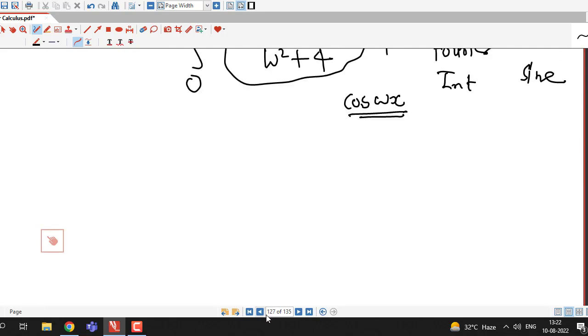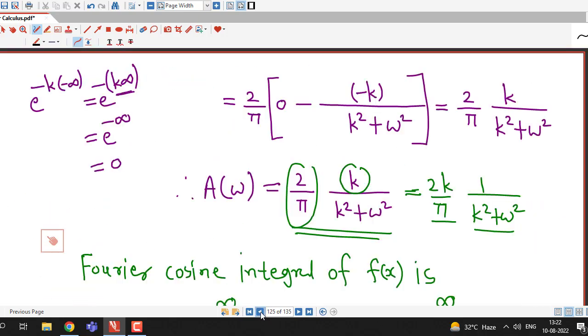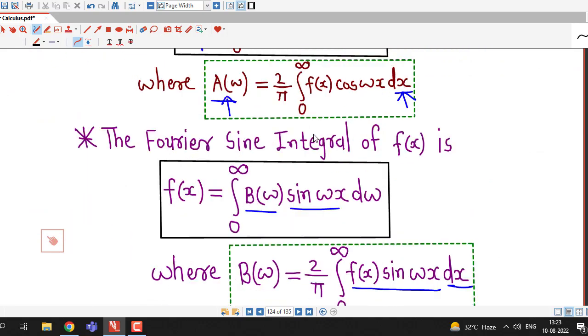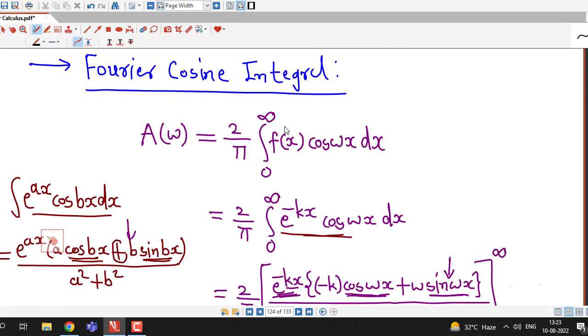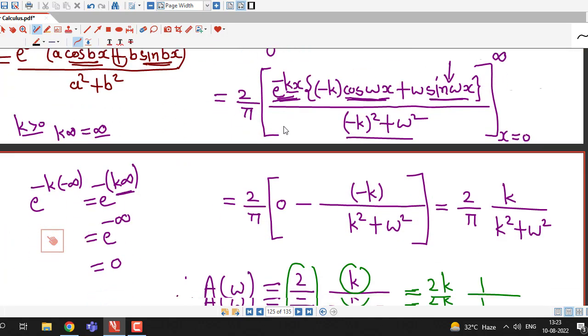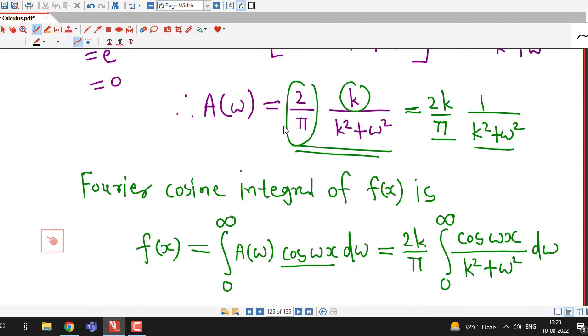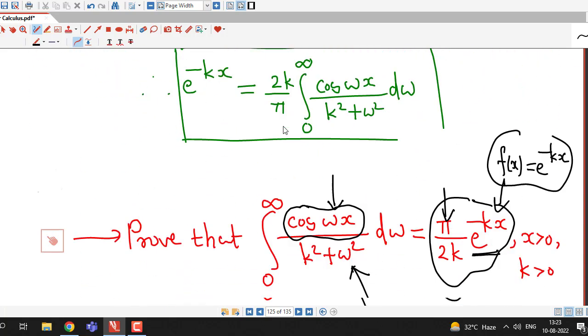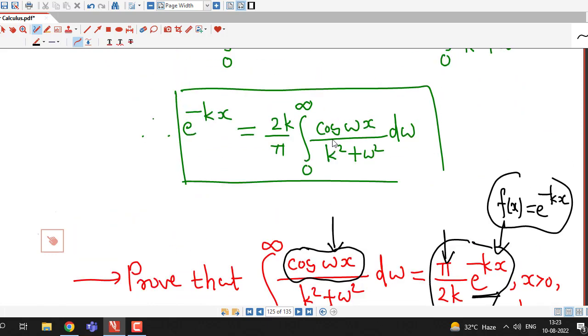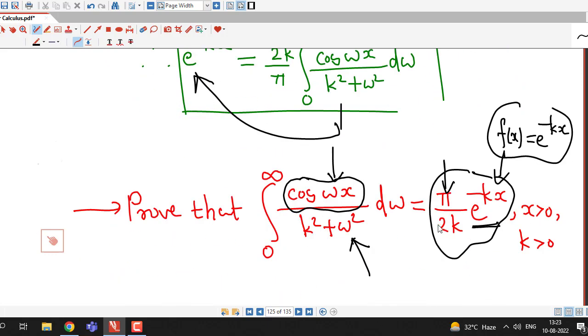Here we can go for Fourier cosine integral of e raised to minus kx. Here we have obtained Fourier cosine integral of e raised to minus kx, and you can see using this we are able to prove that this integral is equal to pi over 2k e raised to minus kx. So this is just what I discussed about this.